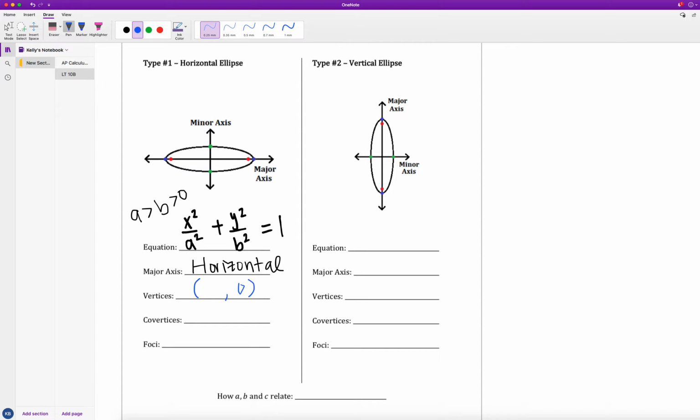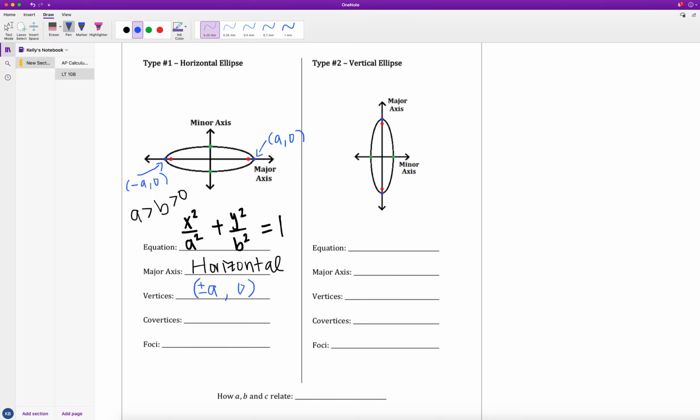So our vertices up here are actually at the values a and negative a. So I can write this as plus or minus a, comma 0, because I have that one at a, comma 0 and my other side at negative a, comma 0. And that a is the same value that we're actually taking and squaring and dividing x by.